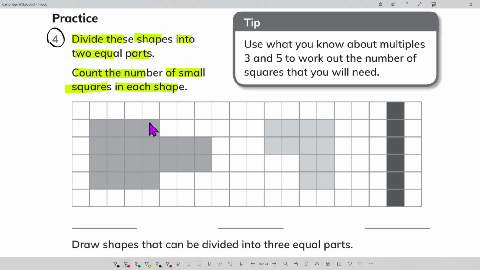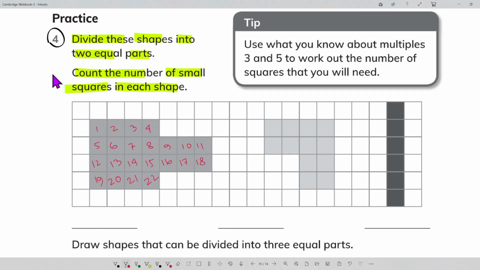So first we have to count: 1, 2, 3, 4, 5, 6, 7, 8, 9, 10, 11, 12, 13, 14, 15, 16, 17, 18, 19, 20, 21, 22. I'm trying to solve everything step by step. So here is 22 squares.